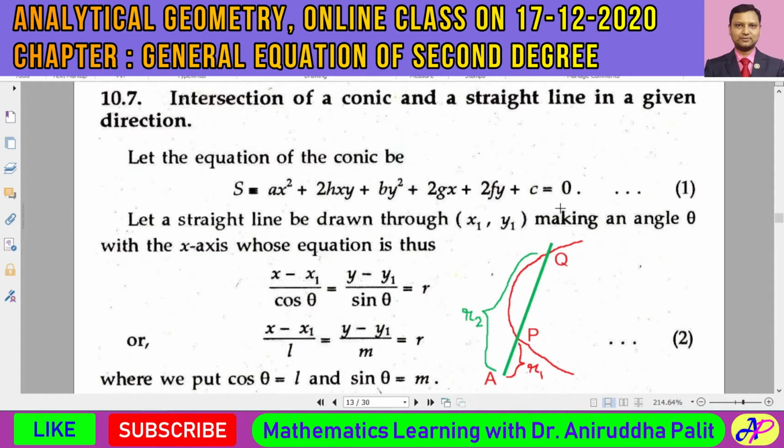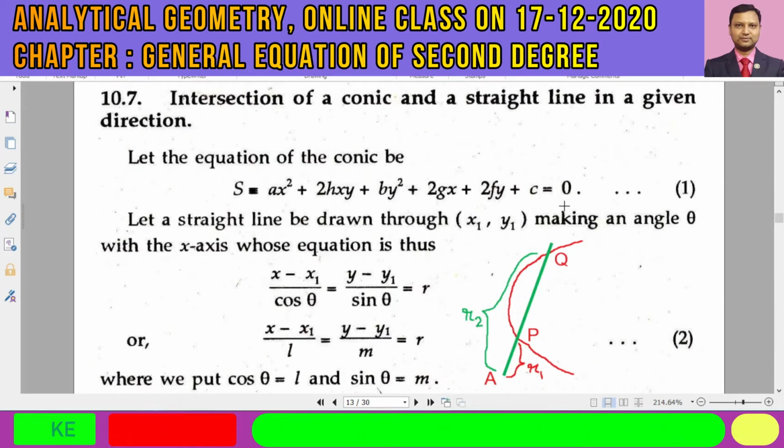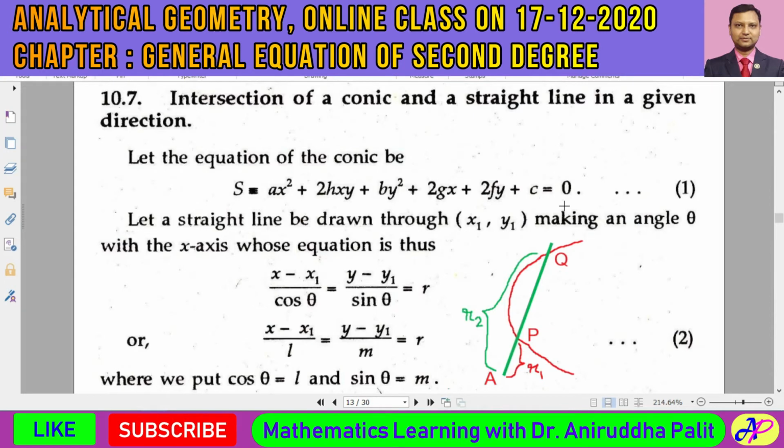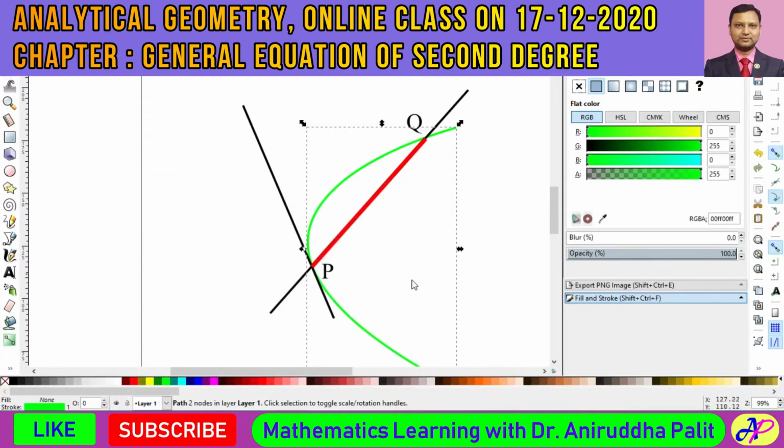We are discussing all the curves that would be represented by a general equation of second degree. If it is a third or fourth degree curve, then we may have a third or fourth point of intersection, but currently we have only 2 points of intersection.